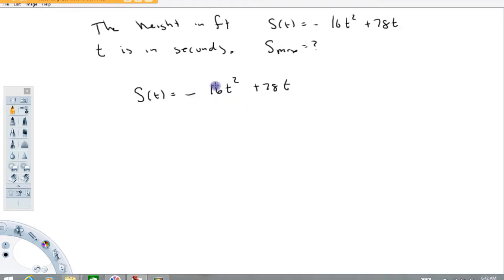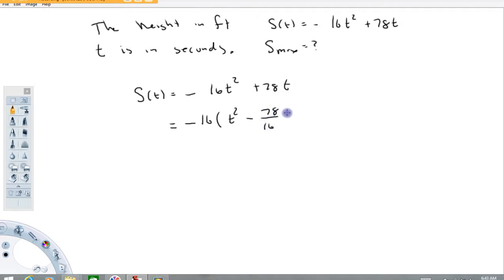And we don't want this minus 16 there. That's going to make things a little bit troublesome. So we're going to factor the minus 16 out of both of these terms. Now, when you factor that 16 out of 78, well, I guess we'll just write it minus 78 over 16.